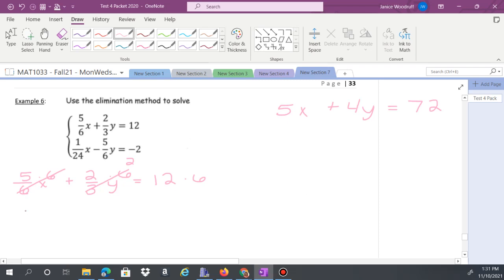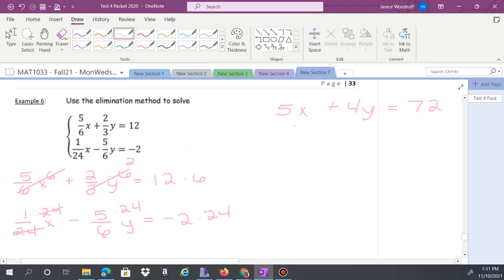Okay, second equation. What's the common denominator here? 24. Okay, these 24s are going to cancel.